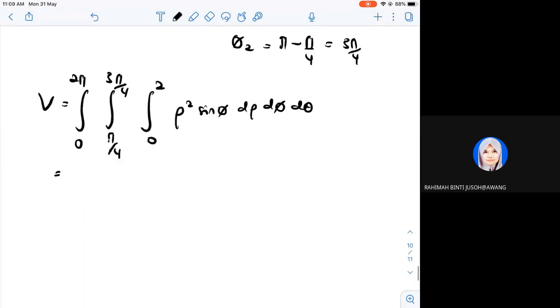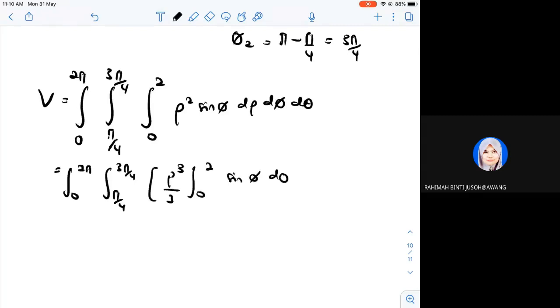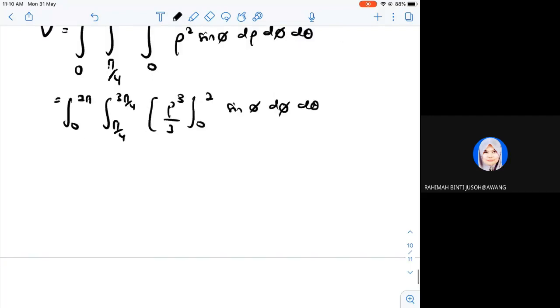Okay, so let us proceed with the integration. It's the same as before. So the integral of rho squared is rho cubed over 3. Substitute 0 and 2, sin phi d theta.